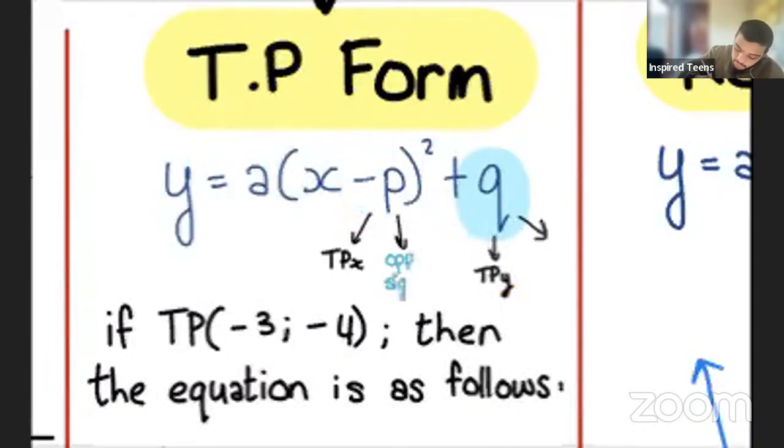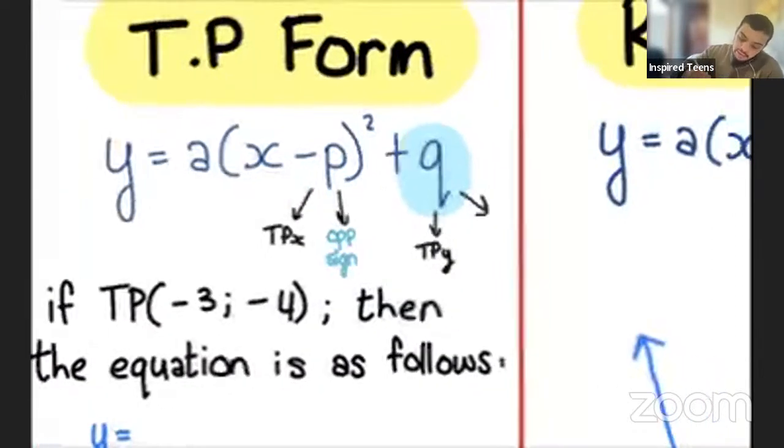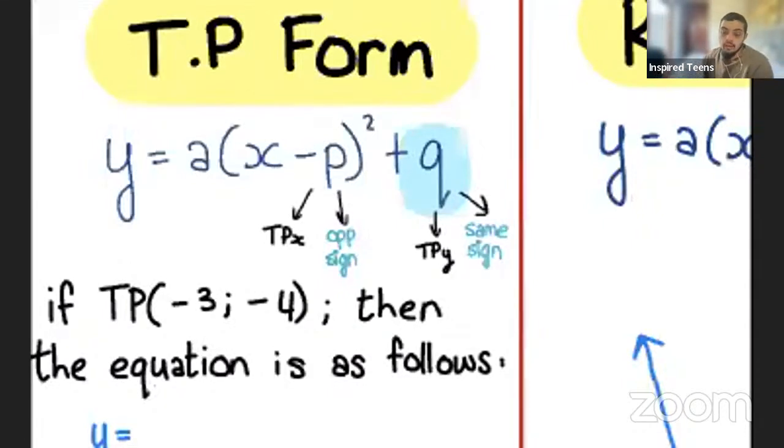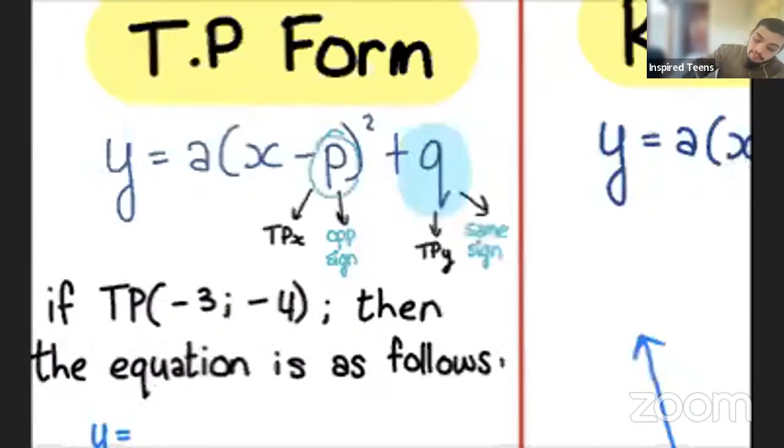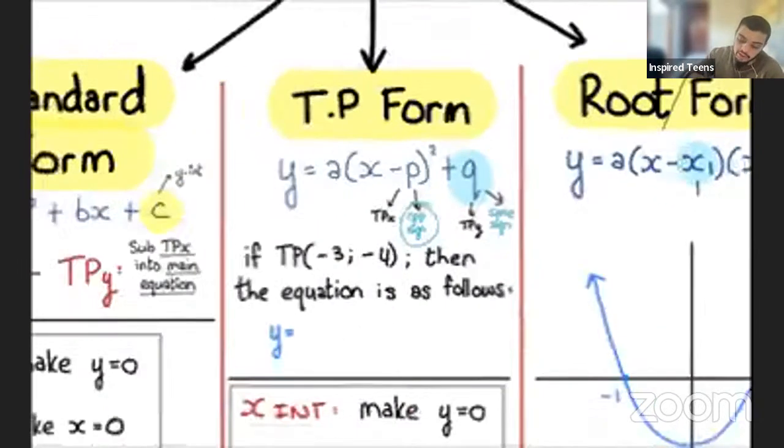So to get the actual turning point x from the equation, we use the opposite sign. With q, it's the same sign.